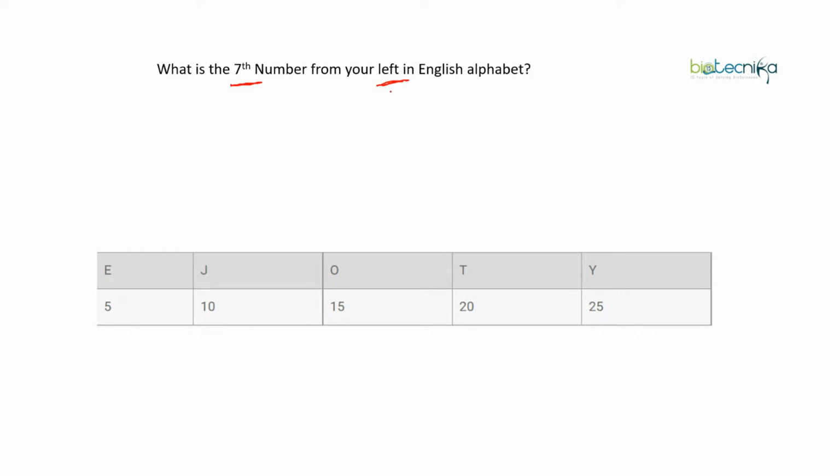Basically, we humans always go from right to left, we don't go from left to right. But in case of alphabetical series, always start from left.